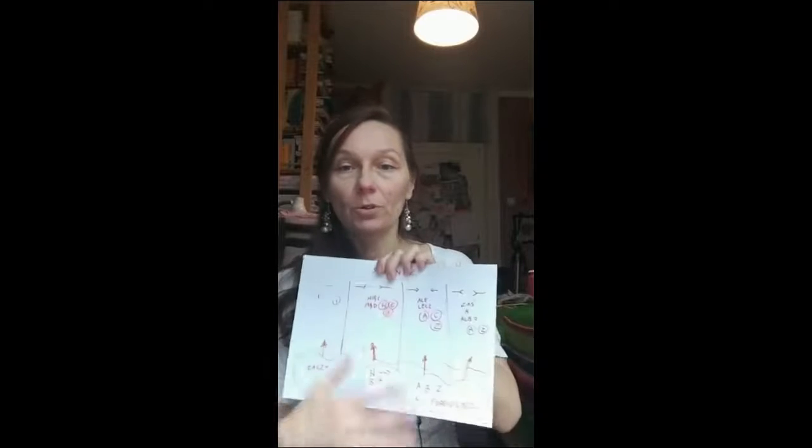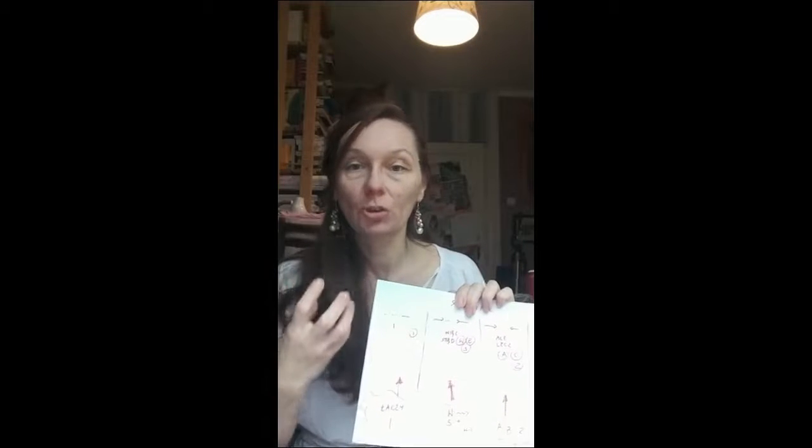Conjunctions. Conjunctions are called spójnik in Polish, and they are basically used to join two independent parts, two individual parts.